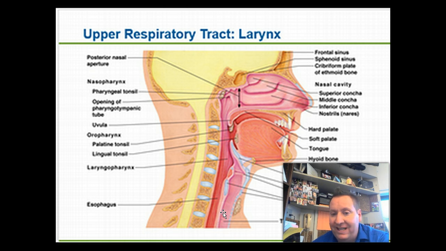Remember, the cough reflex only works when you're conscious, so in order to cough, you have to be conscious. We talked a little bit about people passing out and choking on their own vomit, because they're inhaling it and they don't have that cough reflex since they're not conscious.